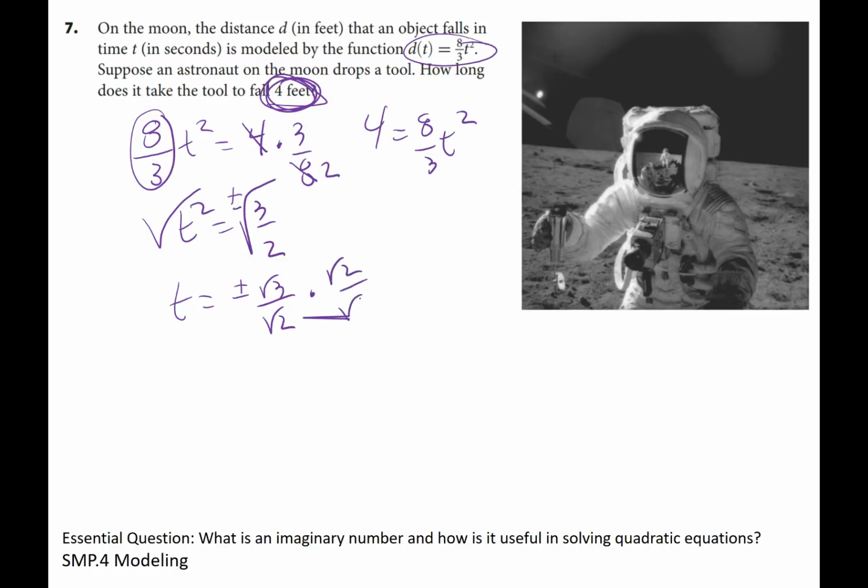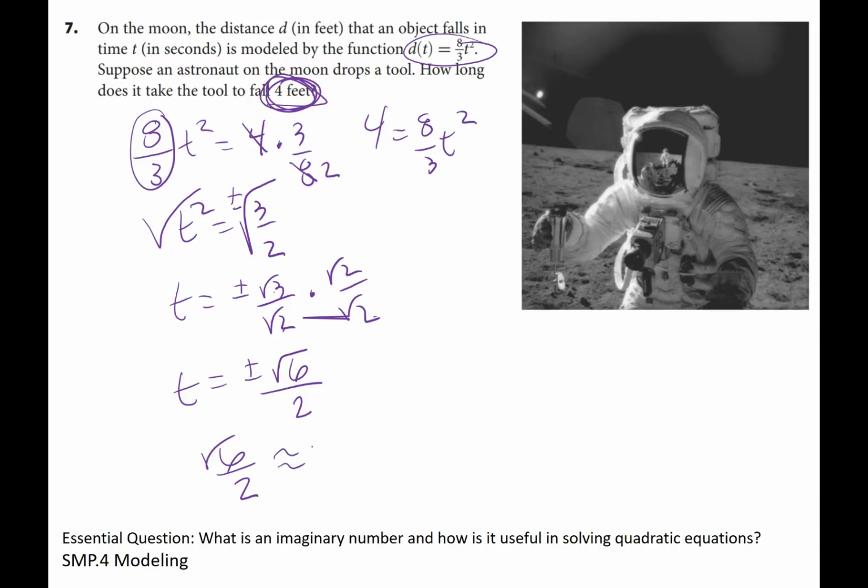So I'm going to multiply top and bottom by the radical 2. So t equals plus or minus square root of, so square root of 3 times square root of 2 is square root of 6. Square root of 2 times itself is square root of 4, or just 2. These do not simplify because one's on the inside and one's on the outside. And then we would take away that negative value, so we'd say it's square root of 6 over 2.